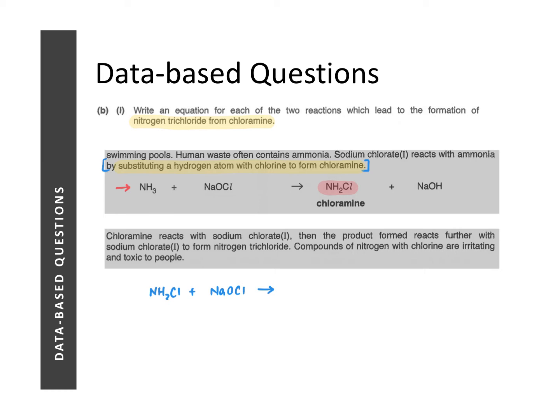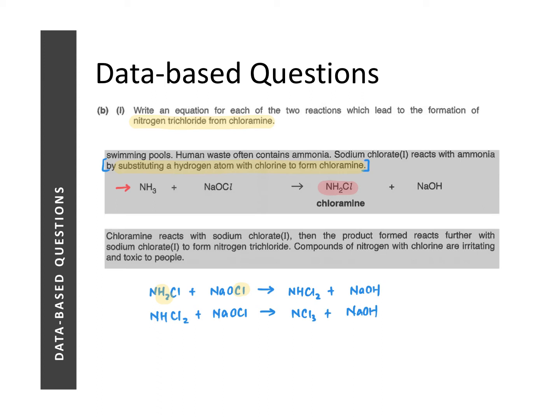You can see that in chloroamine there are still 2 hydrogens remaining, so we can go on to substitute with another chlorine atom. What we would get is NHCl2 plus NaOH, and now your NHCl2 can undergo another reaction with sodium chlorate(I) to form NCl3 plus NaOH.